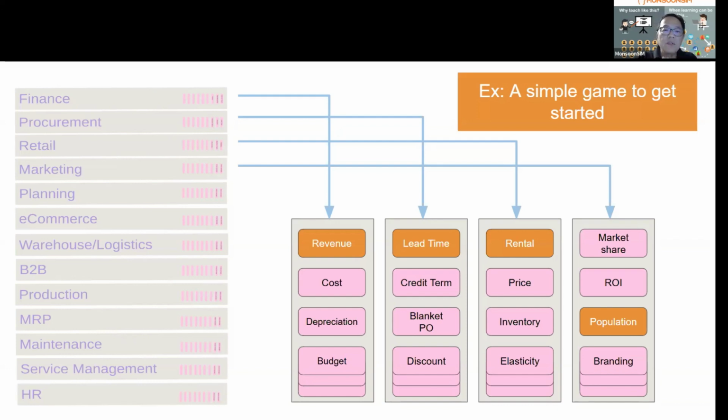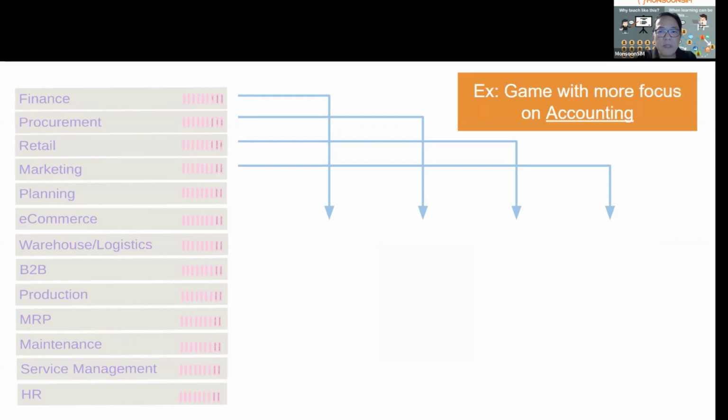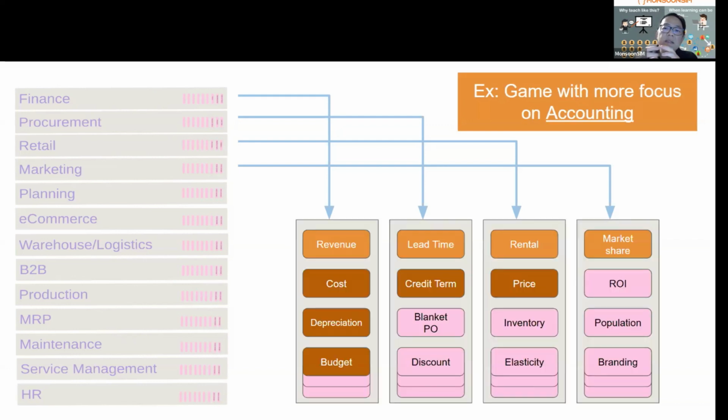These are some of the micro concepts that are built in, that are picked up by this very simple game. I'll give an example, say accounting. Then you are talking about these micro concepts being tied to the game. So when they play the game in accounting, they'll pick up knowledge such as, what is revenue, what is costing, how does depreciation work, what is budgeting, and so on, right?